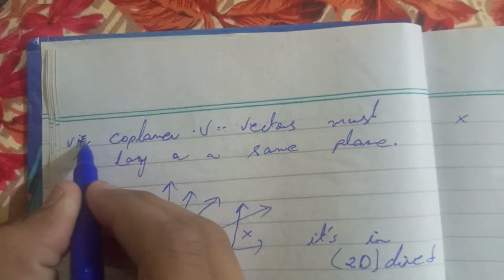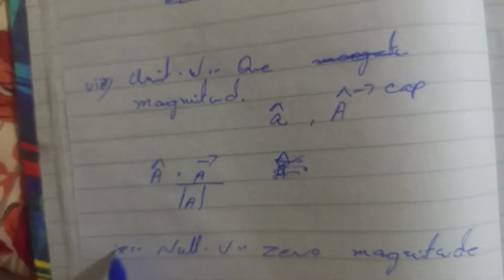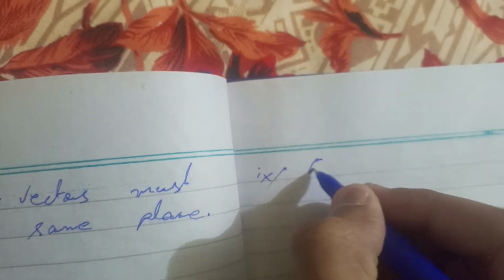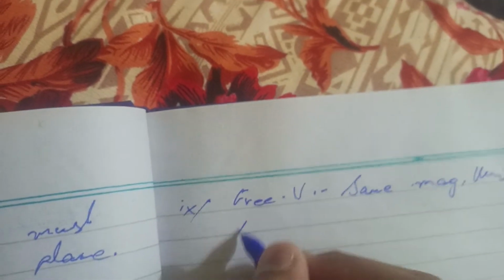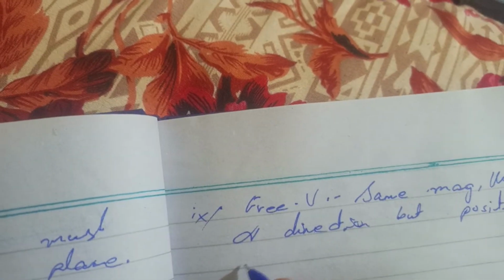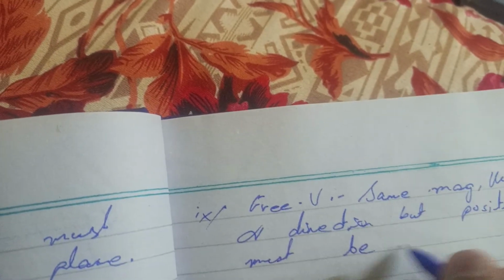Maybe I missed the numbers. Oh yeah, it was five, then I wrote seven, six, seven, eight. Okay, this is nine. So it is the free vector. In the free vector, you must have the same magnitude, unit, and direction, but the position of the vector must be different.